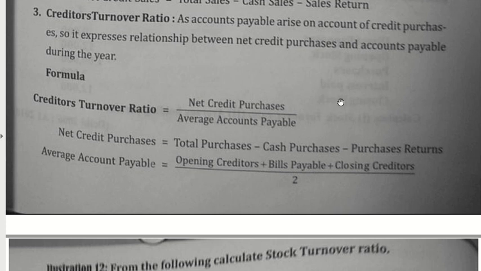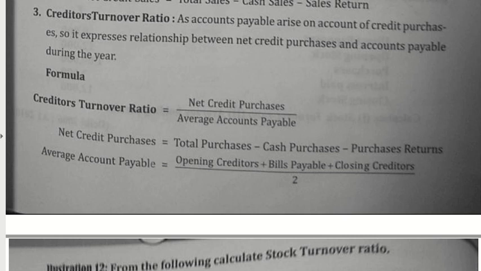Your third formula is creditors turnover ratio. Accounts payable arises on account of credit purchases. So creditors turnover ratio is directly related to net credit purchases.